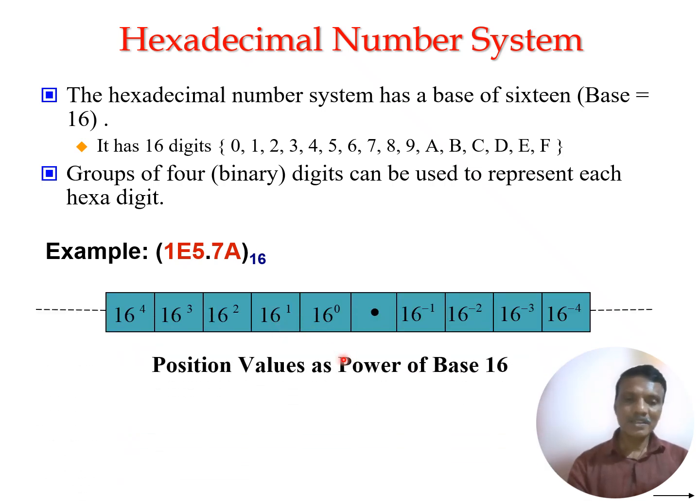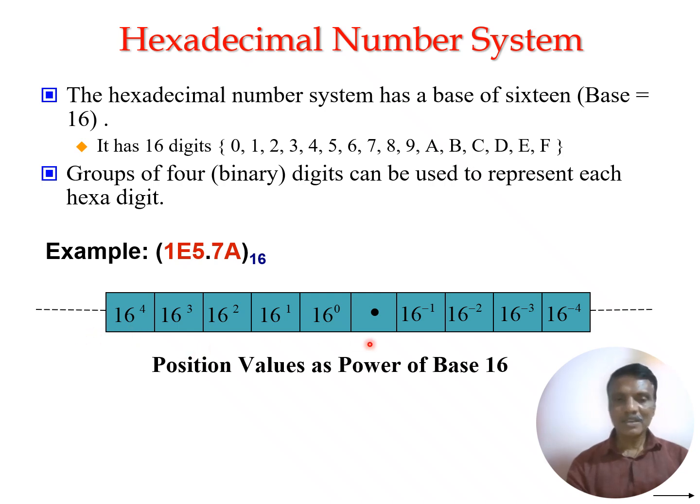Similarly, for the position values of each digit, we have to use the base value 16. 16 power 0 is the first digit from the fractional point, the next position is 16 power 1, the next is 16 power 2, then 16 power 3, 16 power 4, and so on.